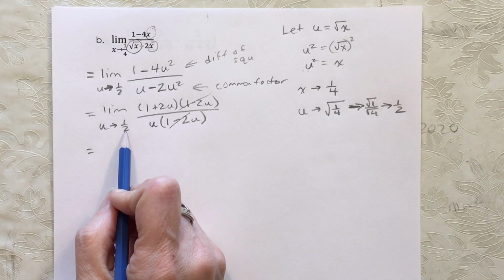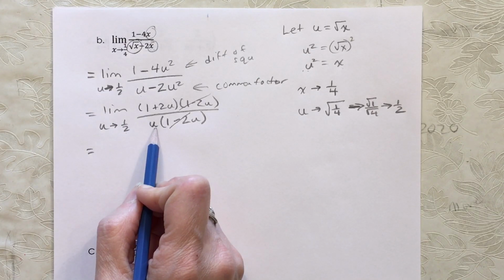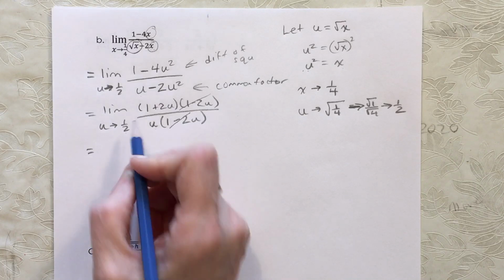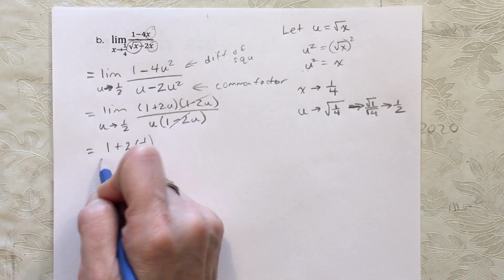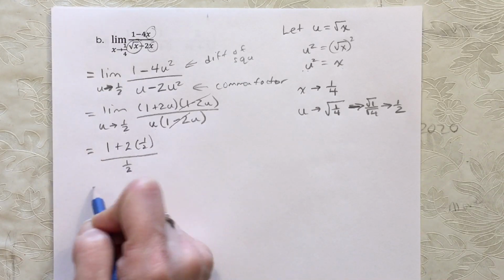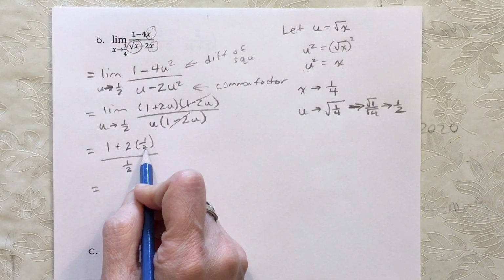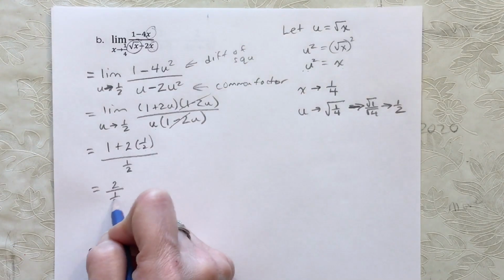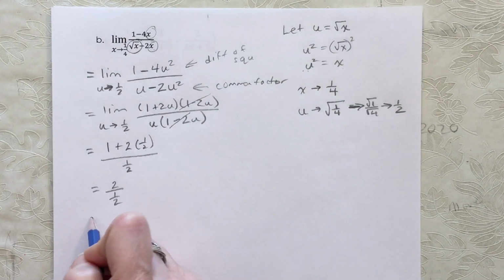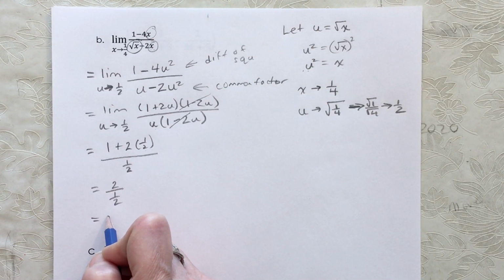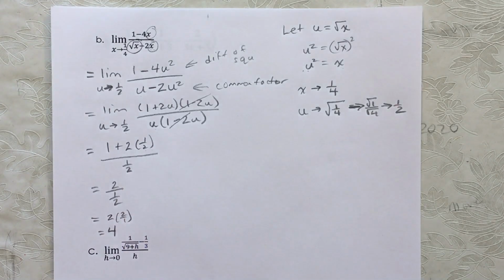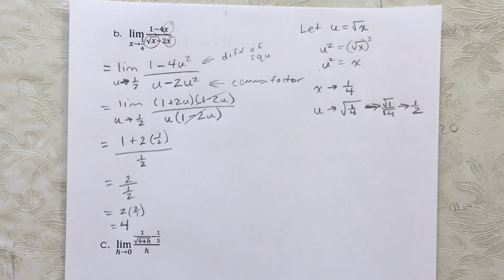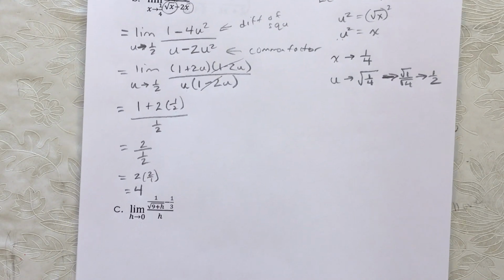So now it's going to be safe to let u approach a half, because then our denominator will just be a half, which is fine. So 1 plus 2 times a half over a half. So 2 times a half is 1, so 2 over a half. Same as 2 times 2 over 1, which is 4. So that turns out to be 4.